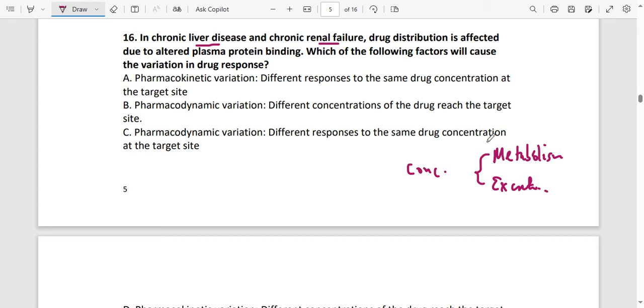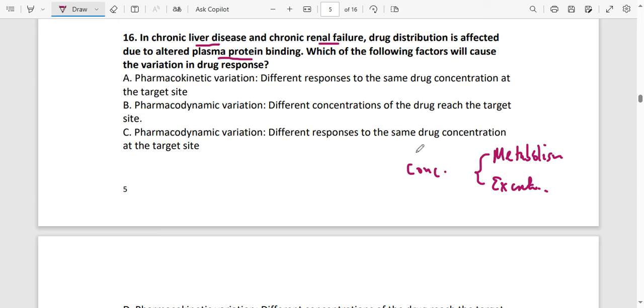If this enzyme is broken in the liver to make it inactive, then that still has disturbed the concentration, isn't it? And as we've said, drug distribution is affected due to altered plasma protein binding. Which of the following factors will cause the variation in drug response?